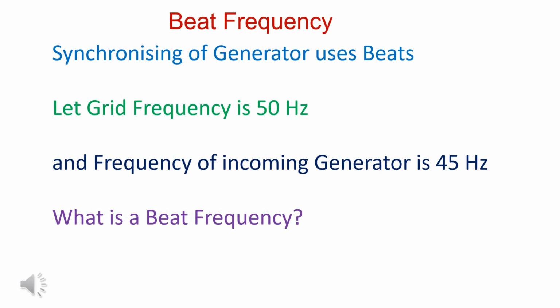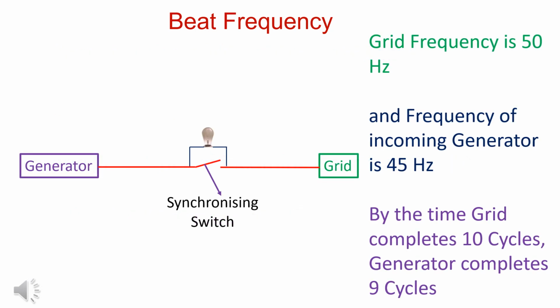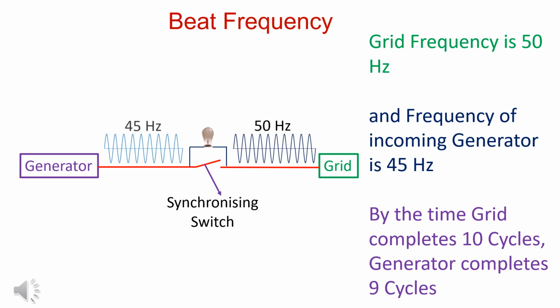Beat frequency is used during synchronization of generator. If grid frequency is 50 Hz and generator frequency is 45 Hz, what is the beat frequency? By the time grid completes 10 cycles, generator completes 9 cycles.